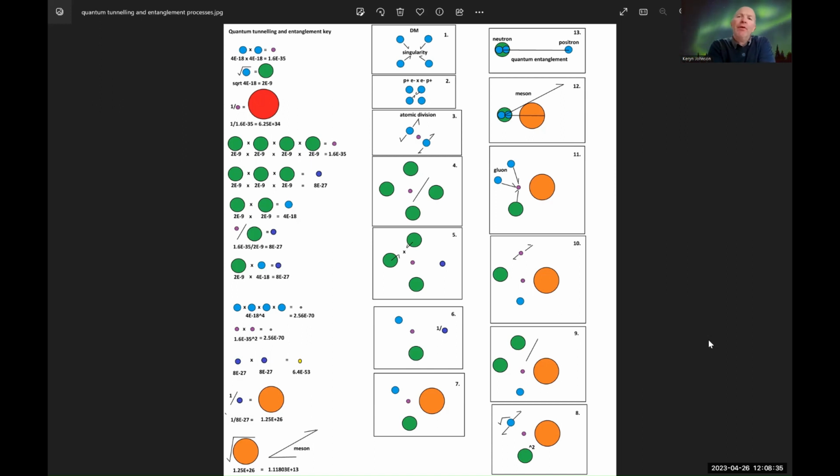But I'm really doing that through a lens of the atomic singularity at the center of an atom, and I'm using that as a reference point to explore features of quantum tunneling and entanglement. So I'm suggesting that tunneling and entanglement is actually what's responsible for the baryonic asymmetry and the production of mass and charge from two photons.